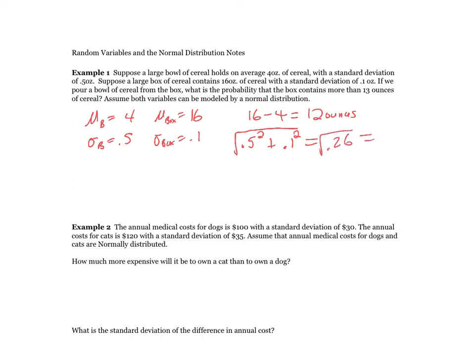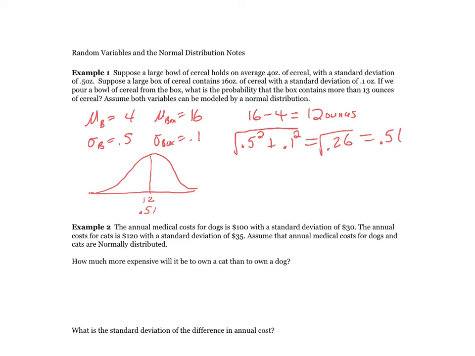Then I will take the square root of that, which gives me my combined standard deviation, 0.51. So when I subtract the 4 ounces for what I poured into the bowl, I end up with a distribution that has a mean of 12 ounces and a standard deviation of 0.51 ounces.